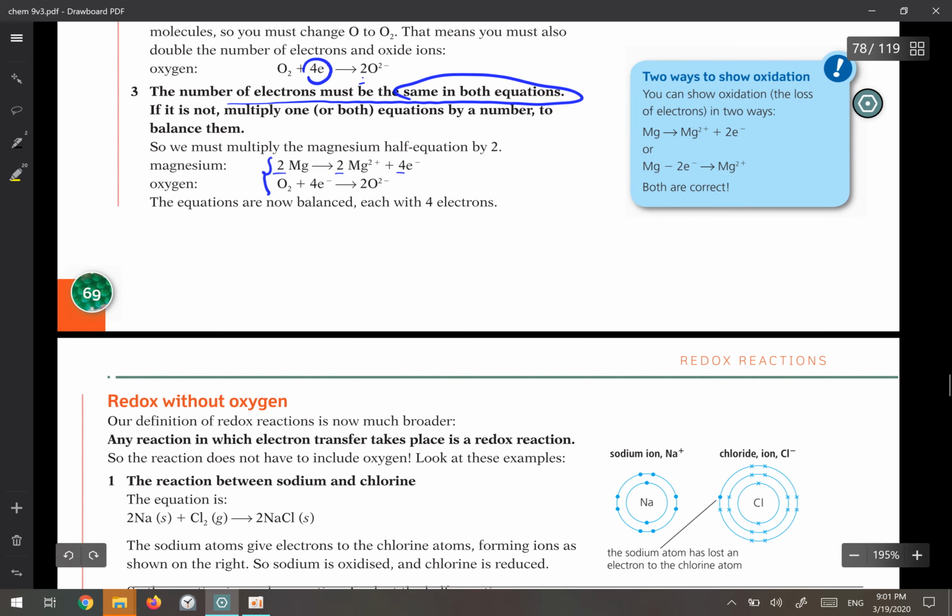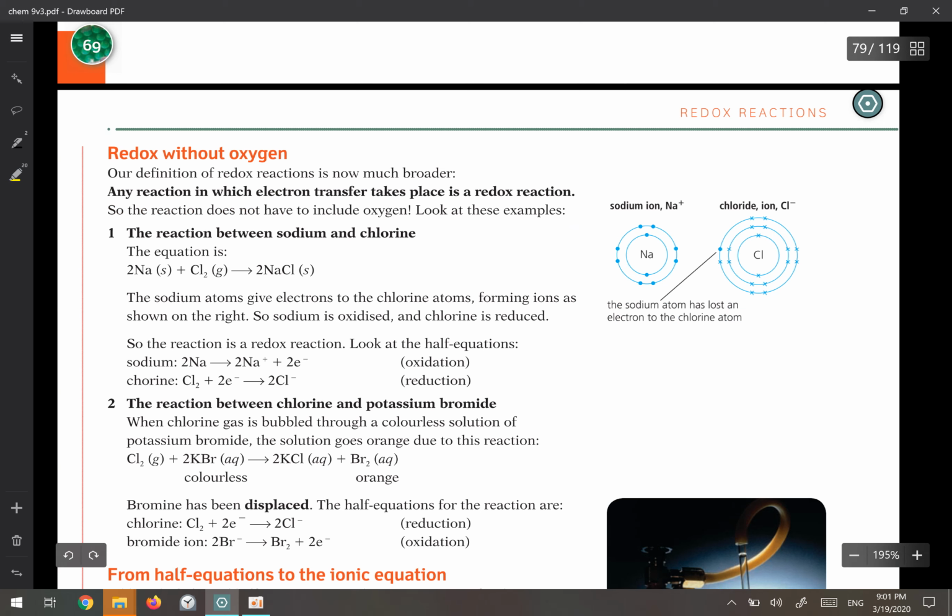Okay, so let's move on and have another example here. It's the reaction between Na plus Cl2 becomes NaCl. You can see this is a redox reaction, but you don't have oxygen, you don't have hydrogen. Neither of these reactants gained or lost oxygen.